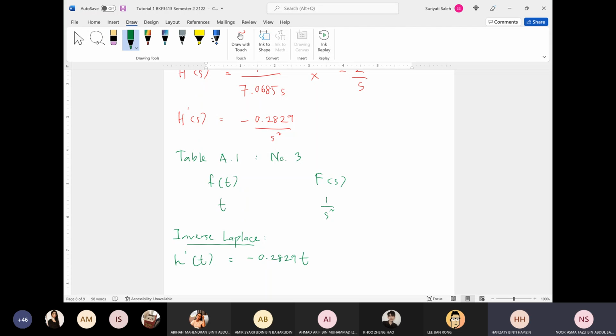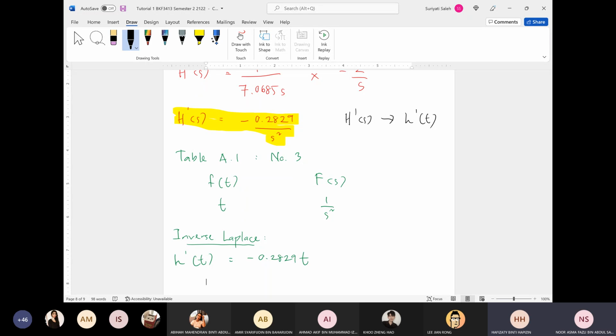I repeat it again. Now I have this form after substitution. H prime S equal to negative 0.2829 over S square. In this case, I want to convert the H prime S into H prime t.